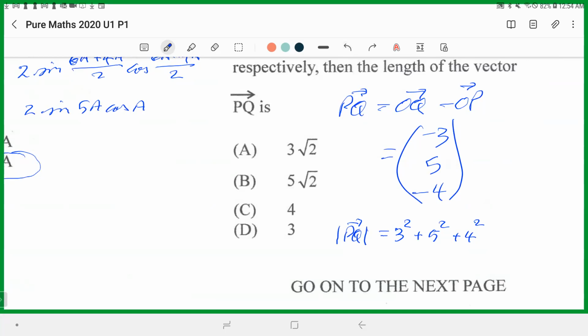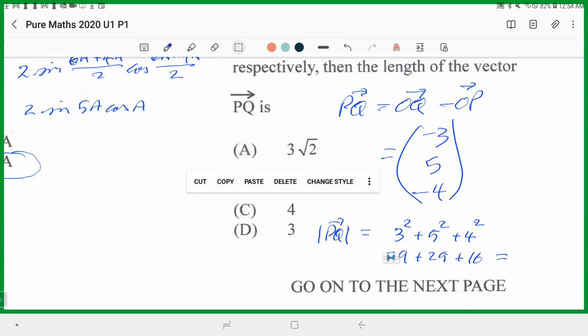So that becomes 9 plus 25 plus 16. I left out the square root. The length is Pythagoras' theorem.